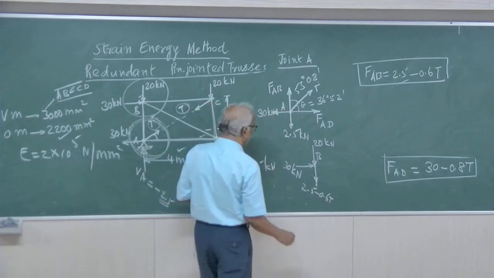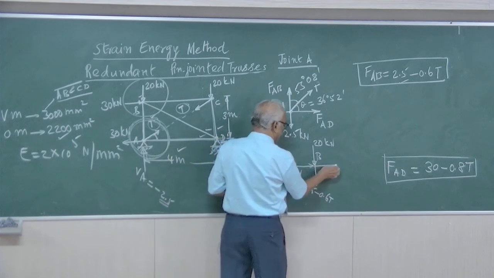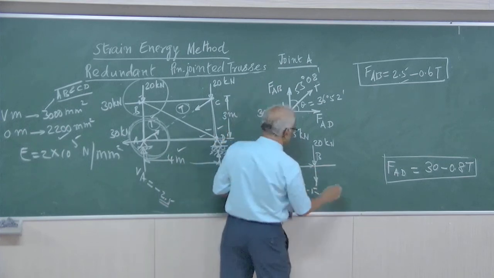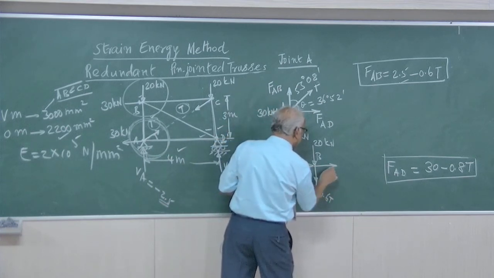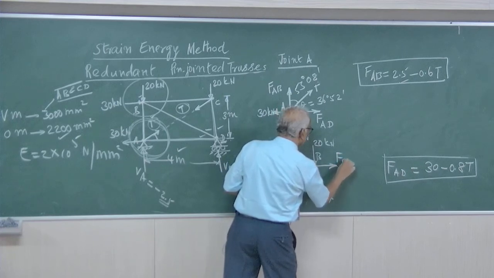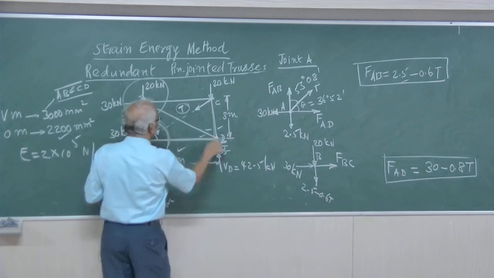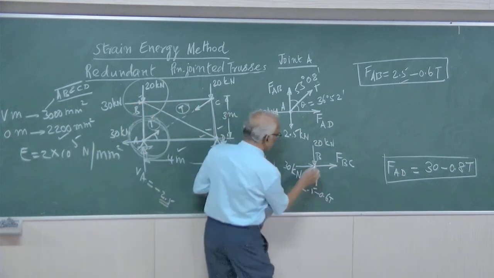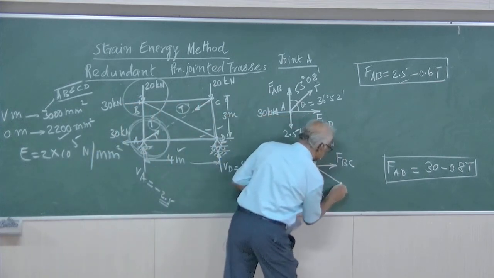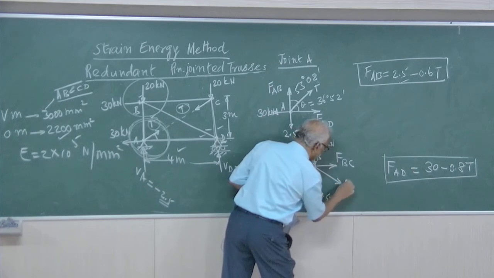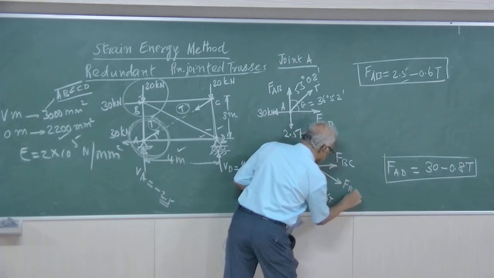Then you got a horizontal member. This is BC. We assume this to be tensile. This is FBC. And you got another member BD. So this is also tensile. We assume initially all members to be under tension.